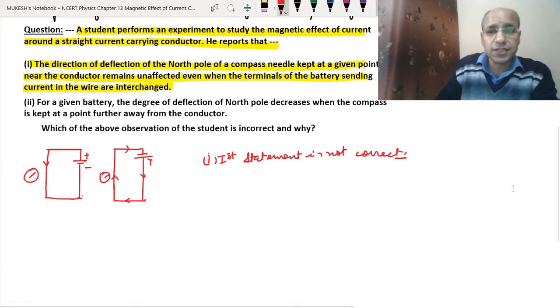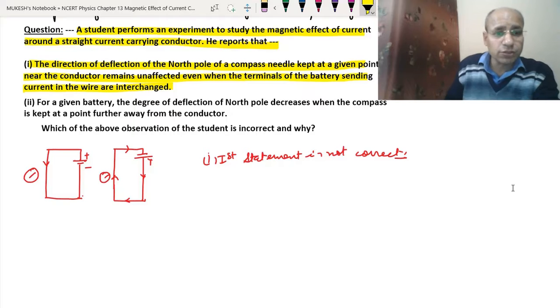Now let's study the second one also. For a given battery, the degree of deflection of the north pole decreases when the compass is kept at a point further away from the conductor. Suppose this is the wire, connected to the same battery.